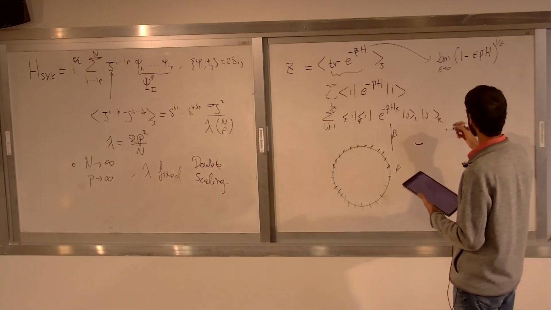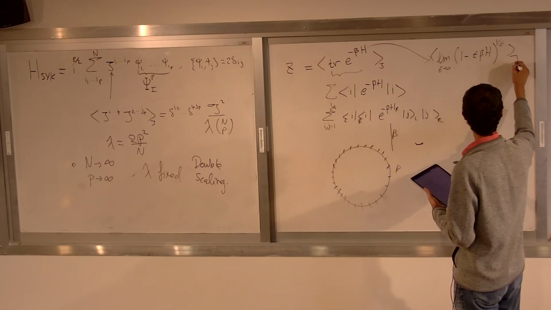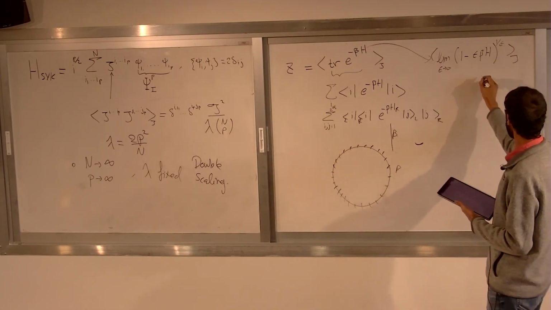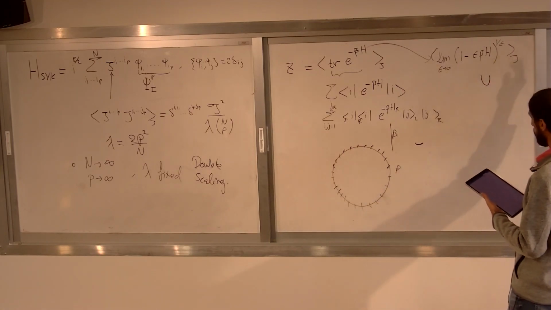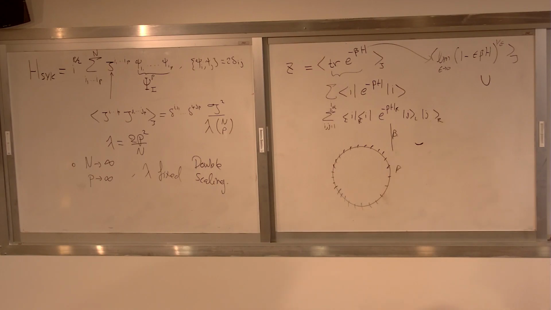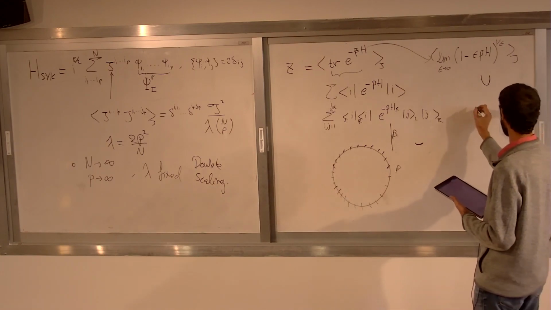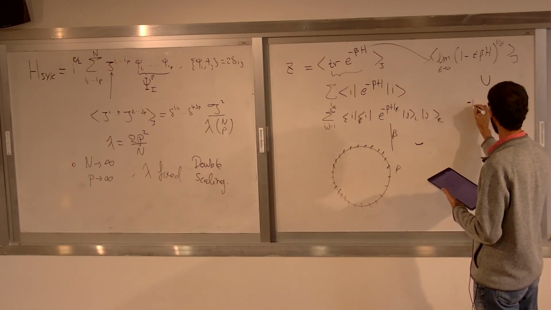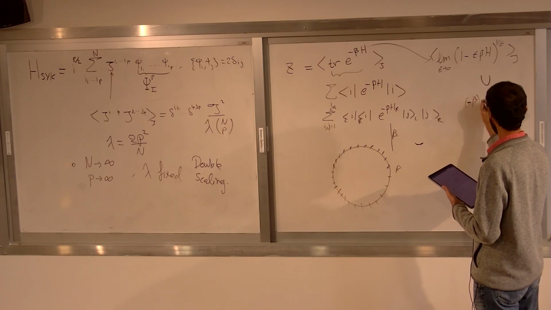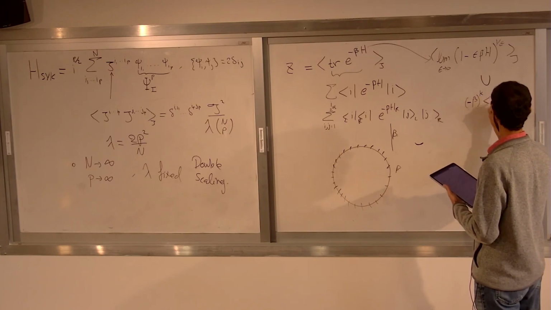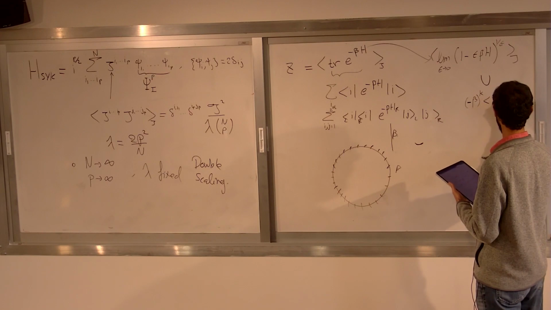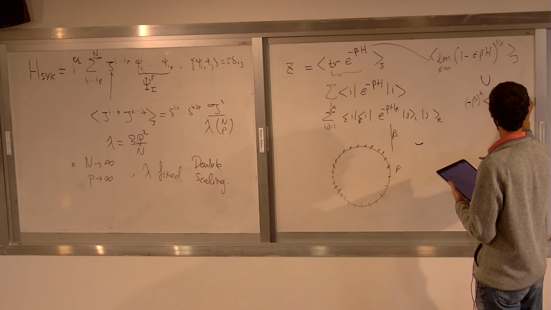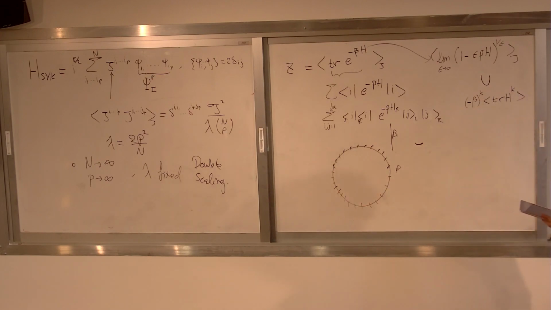So when you're computing, here there's an average over J, you can expand this, and you'll get terms of the form (minus beta) to the power of k times trace h to the k, for various values of k.